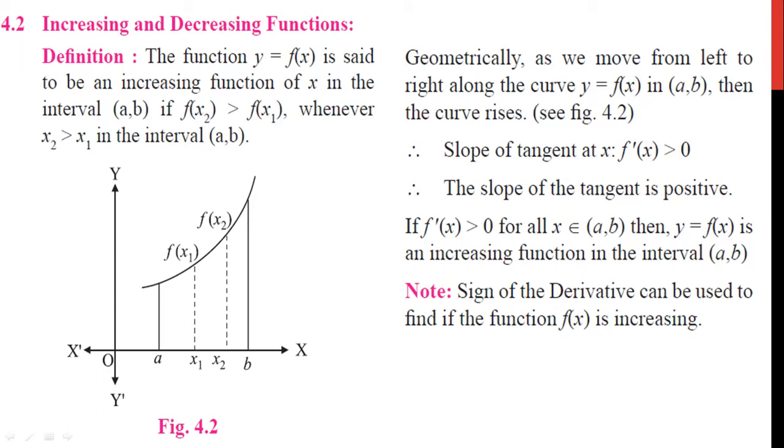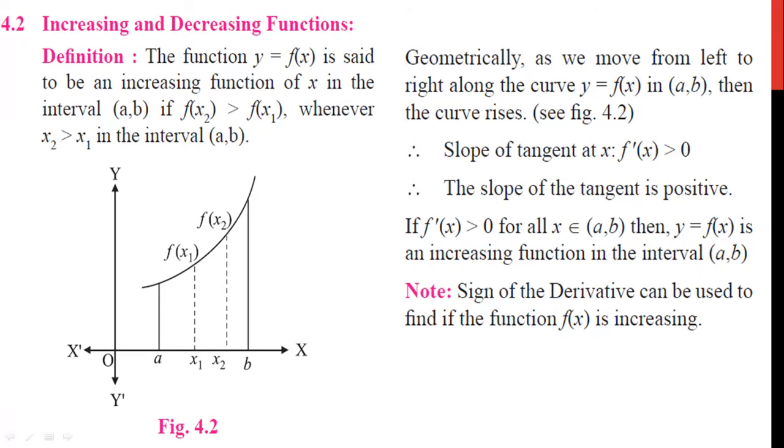By using the concept of the derivative, in this case the slope of the tangent at point x, that is f dash x, is always greater than 0. Whenever you take any tangent at any point on this curve, which is an increasing function, the slope of the tangent will always be positive.